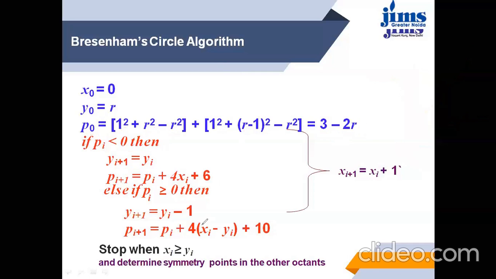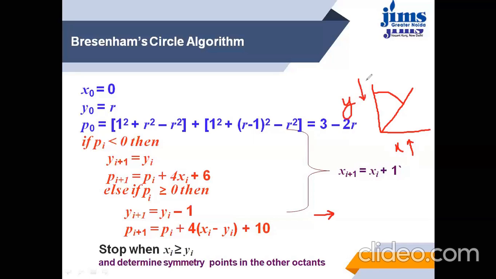If this is greater than or equals to 0, then we have to take the next pixel. But keep in mind, in a circle, the value of the x coordinate is increasing, but the value of the y coordinate is going to decrease.